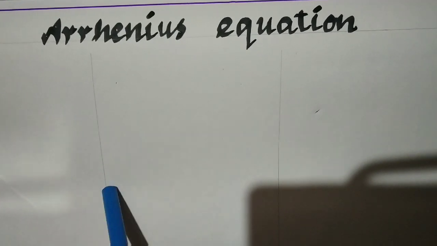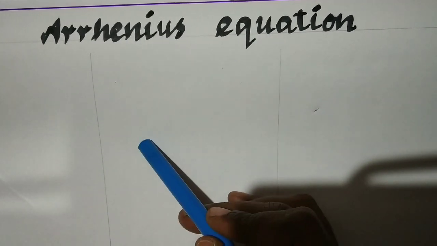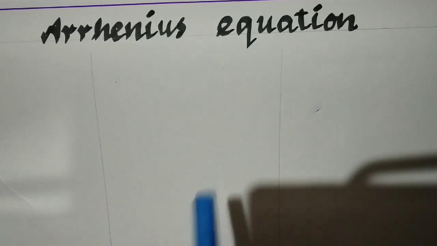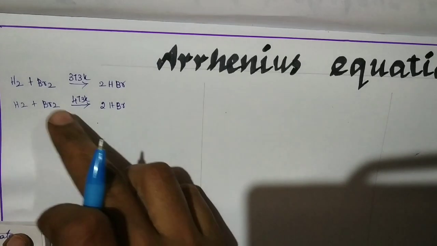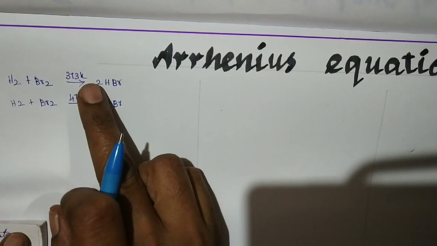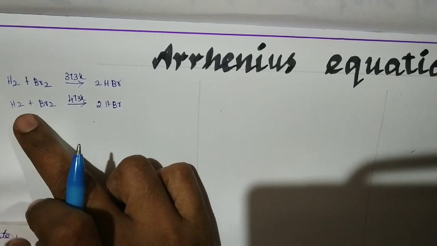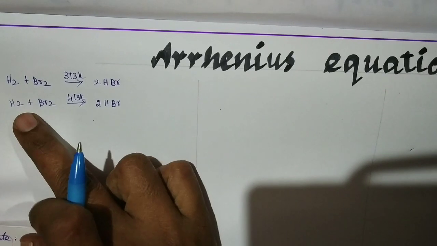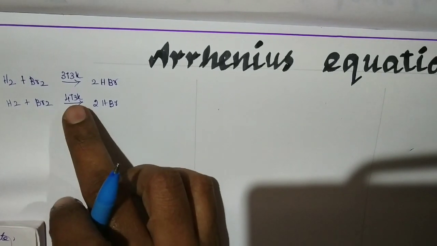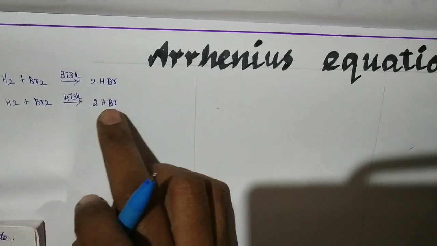Generally, we know that on increasing temperature, certainly the rate increases. For example, hydrogen combines with bromine at 373 Kelvin to give hydrogen bromide, and the same reaction, hydrogen combines with bromine at 473 Kelvin, gives hydrogen bromide.